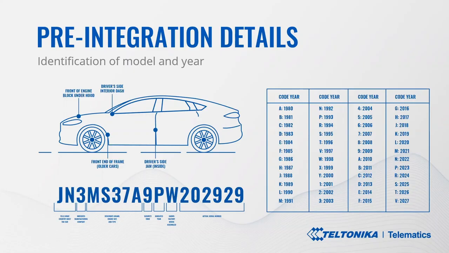If position 7 is numerical, it refers to a manufacture year between 1980 and 2009. If position 7 is an alphabetical character, the manufacture year should be between 2010 and 2039.